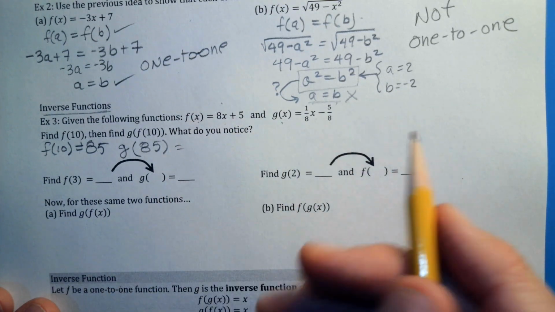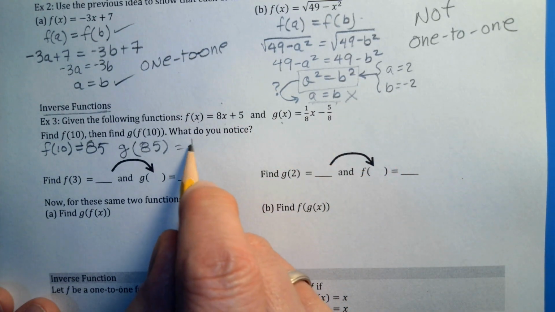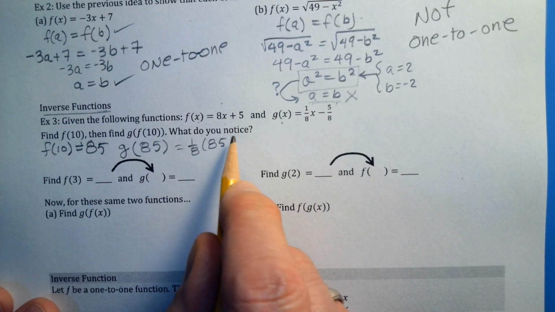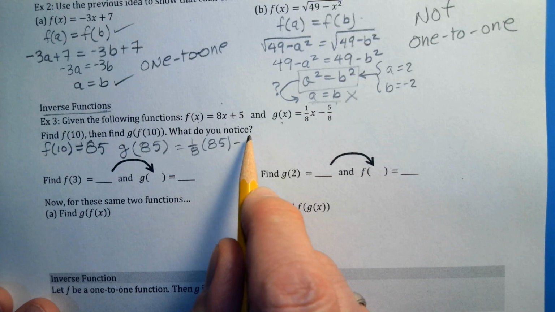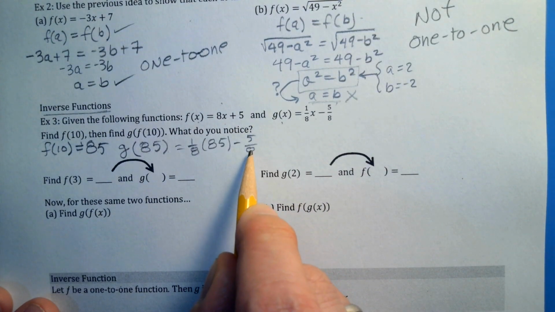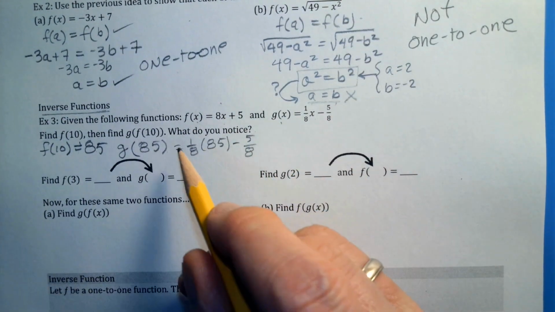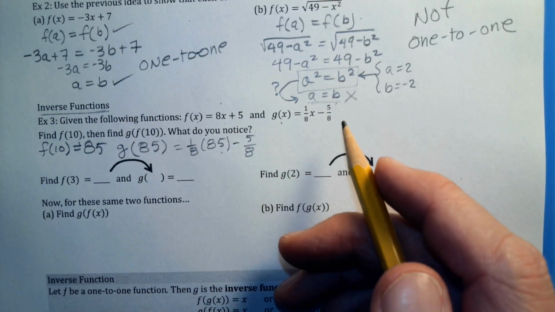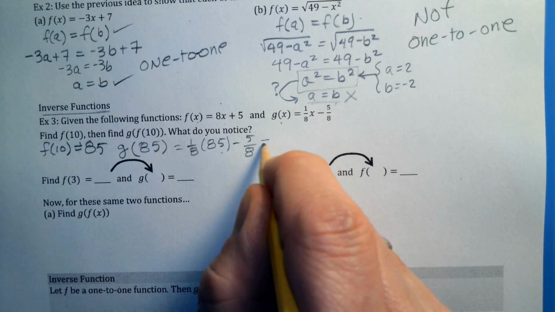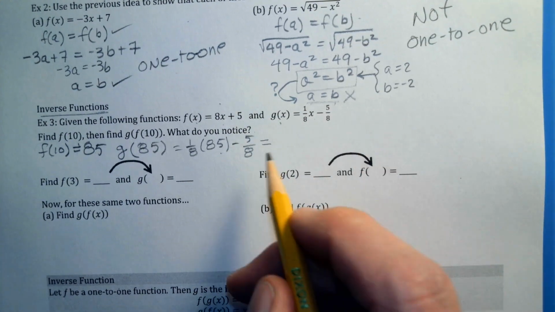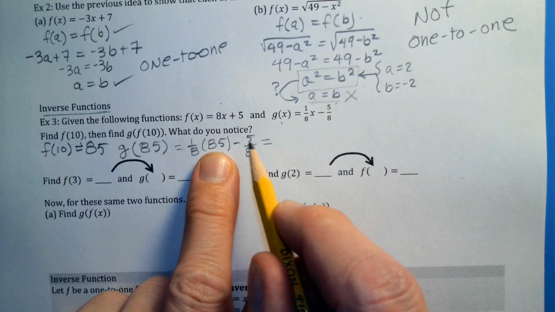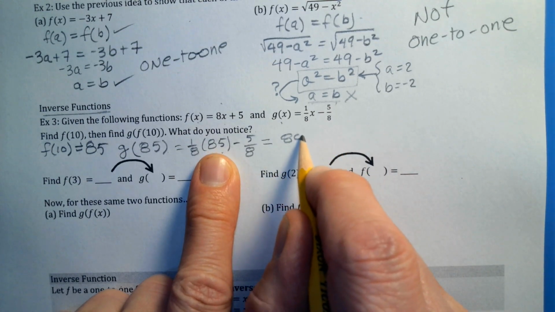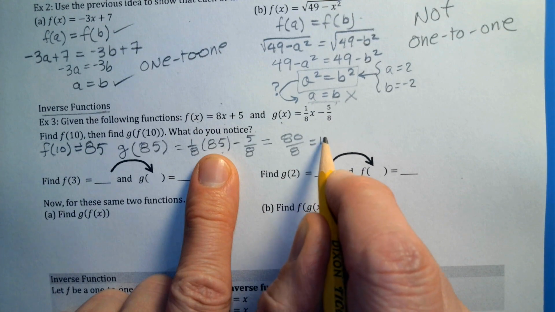This is 1/8 times 85 minus 5 over 8. So 1/8 of 85 minus 5 over 8. And what does that give us? Well, this would be 80/8, or 10.